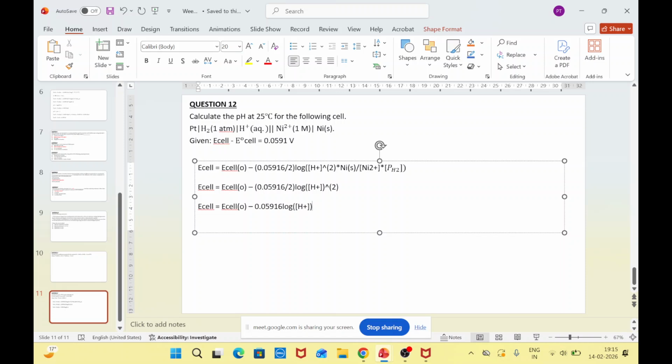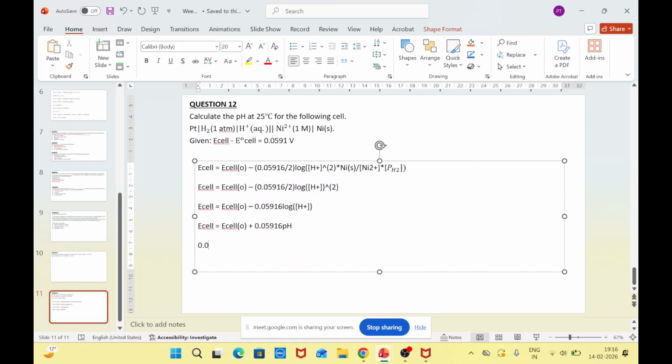Now minus log 10 [H+] is pH. So E cell equals E naught cell plus 0.05916 pH. Now E cell minus E naught cell is 0.0591.